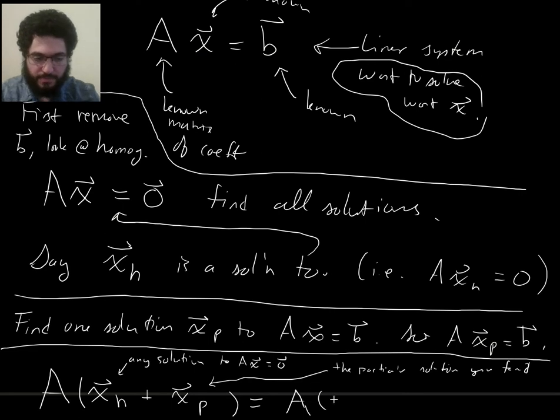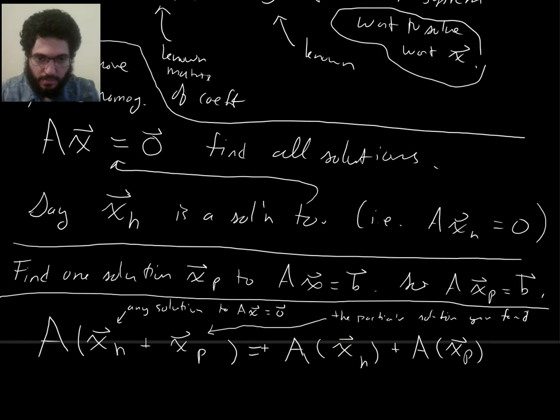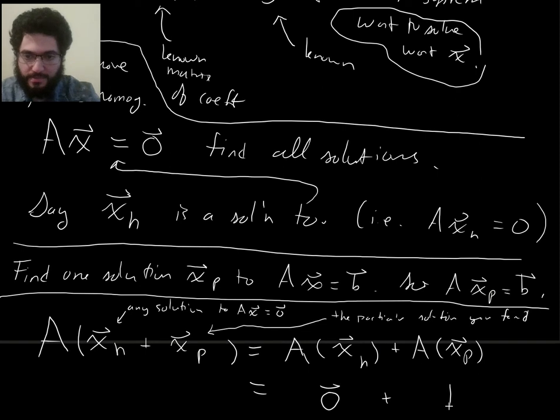Linearity means the action of the matrix on these vectors distributes over the addition. And when you do this, for this term, you get 0, the 0 vector, and for this term, you get b, right?